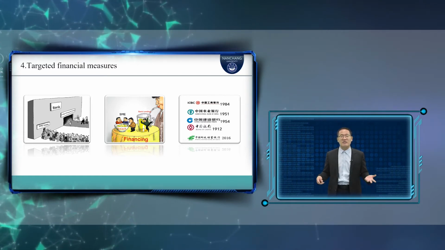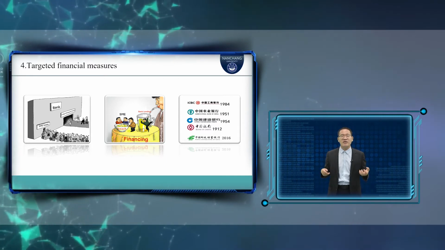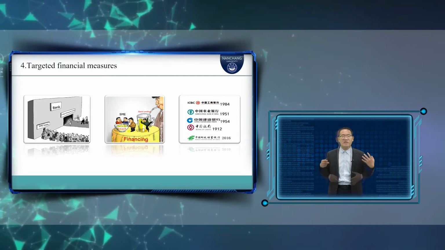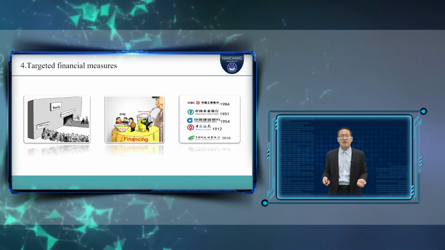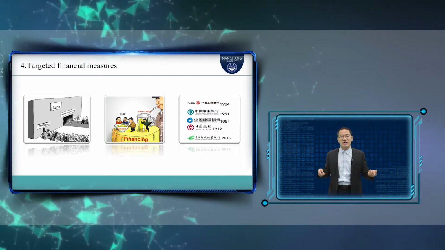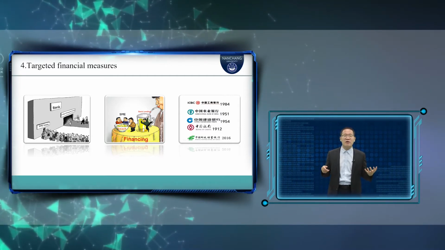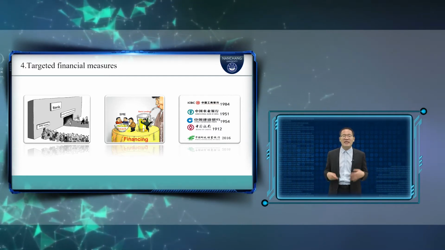Nevertheless, there are significant differences in the structure of the banking industry in different countries, with a general rule applied, which is, the higher the level of economic development in a country, the larger the average size of its domestic banks. And meanwhile, the banking industry structure tends to be dominated by large banks.